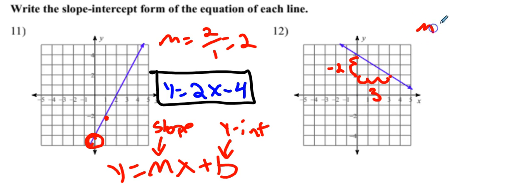So my slope is -2 over 3. And my y-intercept, right here, which was up 1, 2, 3, 4. So our equation of our line, y equals negative 2/3 x plus 4.